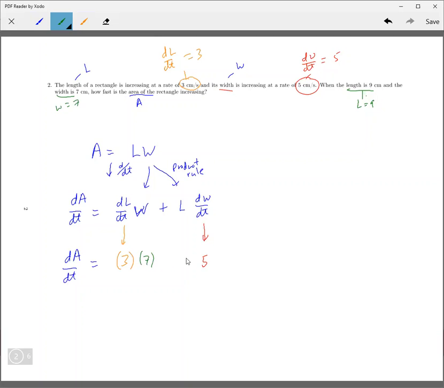So 21 plus 45, that's 66 would be the answer. The area increases at a rate of 66 square centimeters per second when the length and the width are at these values. That's just another basic example of how related rates works.